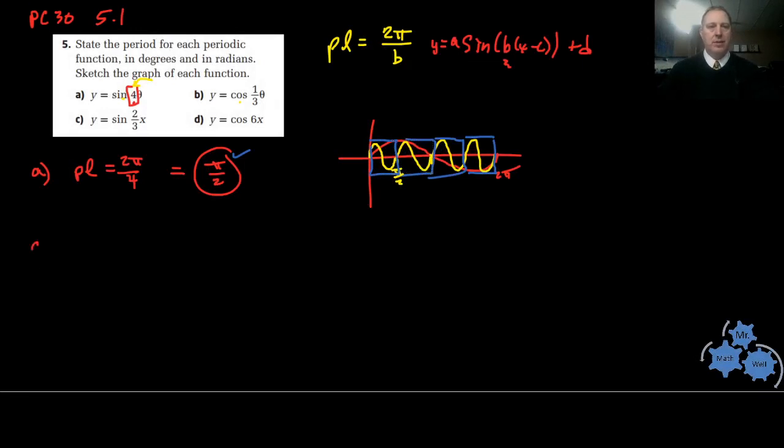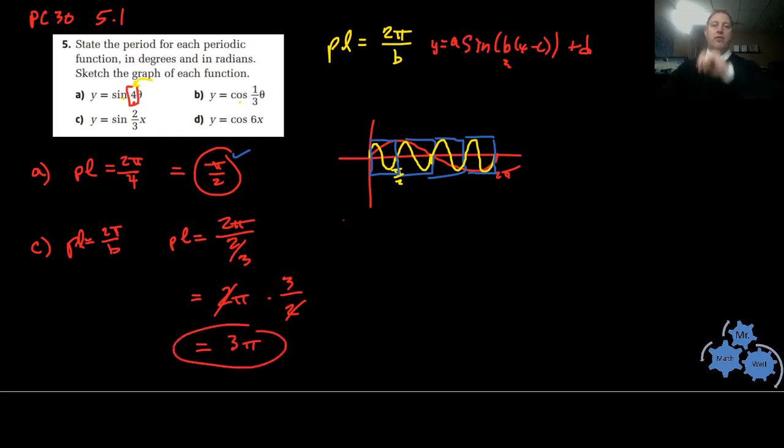So C, when we have a b value of 2 over 3, the period length, remember, is 2 pi over b. So the period length is 2 pi over 2 over 3, which is the same as multiplying by 3 over 2. So the 2's will cancel out, and you have a period length of 3 pi.